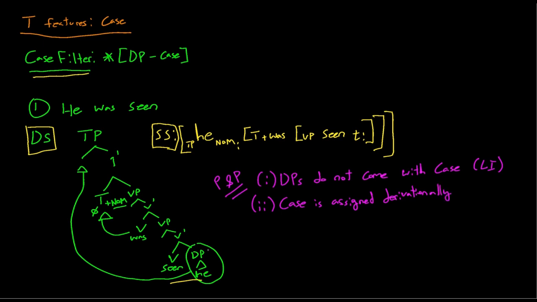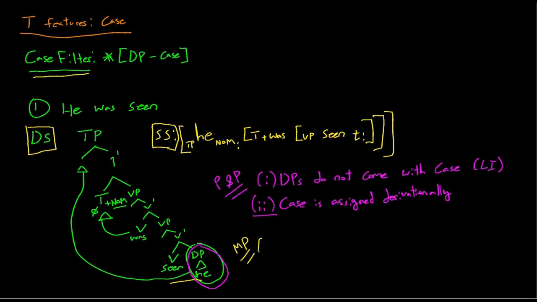So this first assumption is that down here, he does not have case associated with it and is therefore a violation of the case filter, and so must, and here's the second assumption, move to the specifier of our tense phrase in order to pick up case and not violate the case filter. So we've made these two assumptions within the principles and parameters approach. But we don't have to make these assumptions. And within the minimalist program, MP, we ask whether or not these assumptions can be simplified.